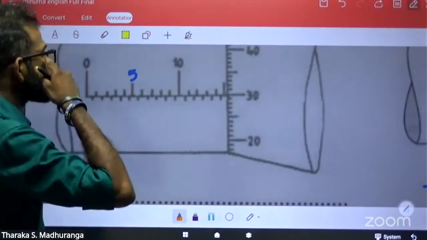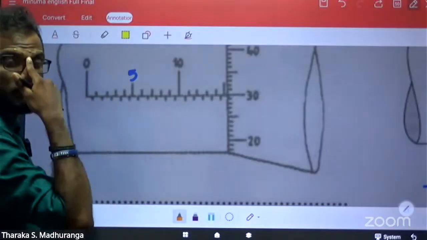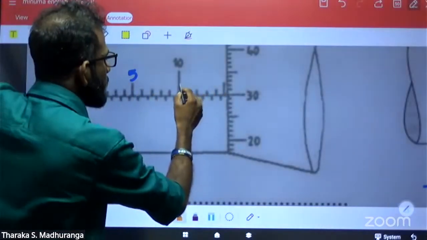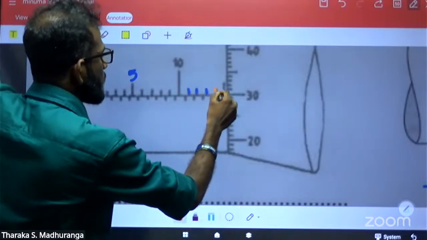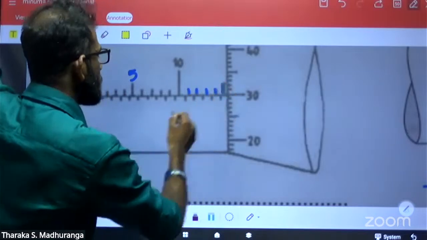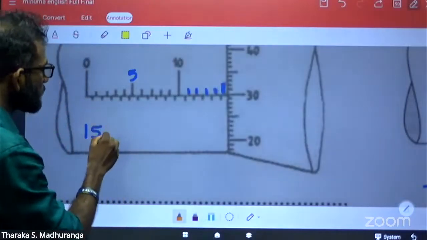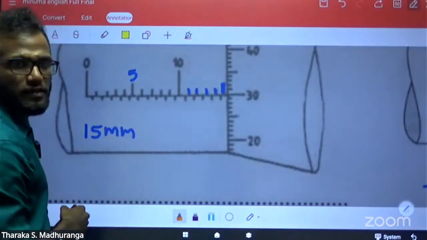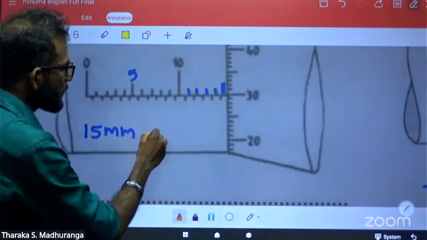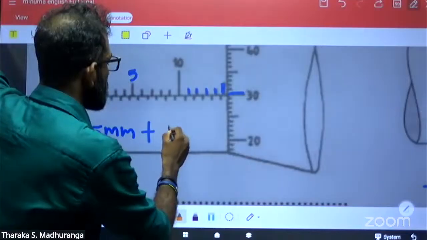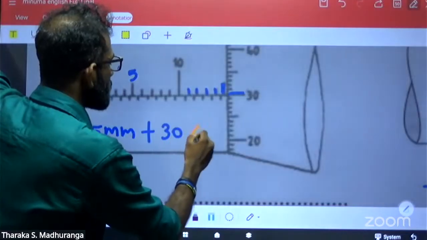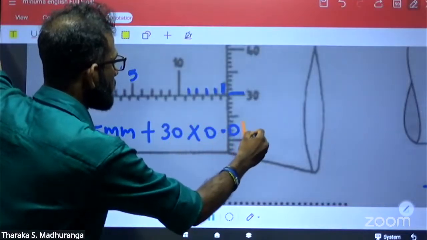Okay, the linear scale value 10, 11, 12, 13, 14. You can see the final value is 15. 15 millimeter is the final value on the linear scale. After that, plus the coincide part, you can see 30. 30 multiplied by 0.01 millimeter.